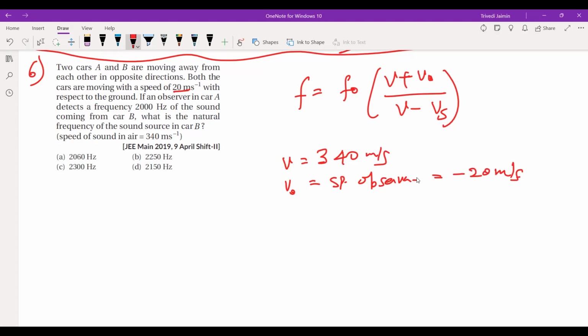Because if car A is moving in this direction, then car B is moving in this direction. And Vs, the source, which is minus 20.